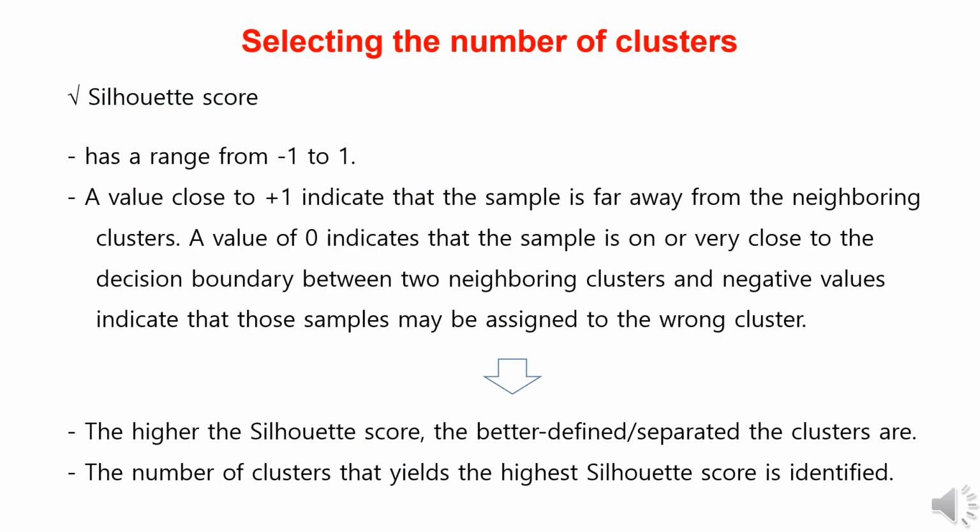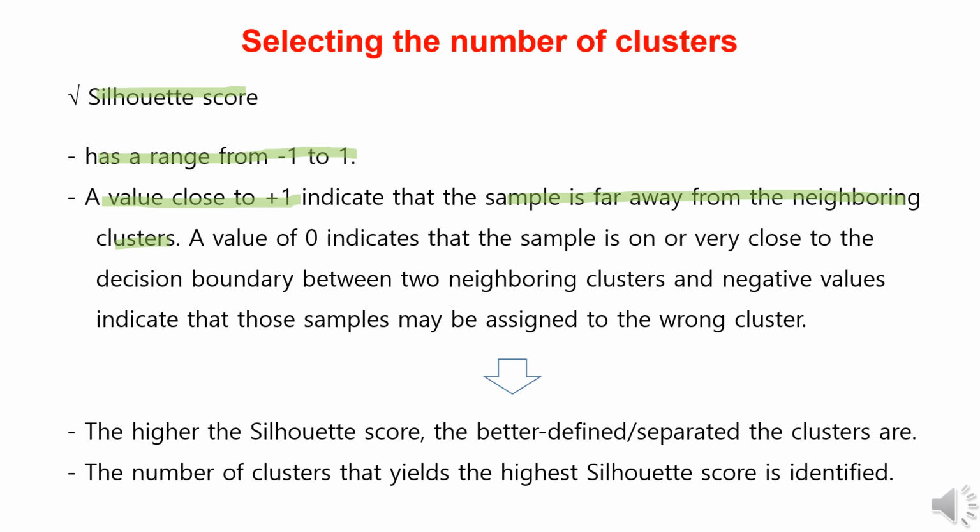Therefore, the silhouette score is a metric that indicates how close a data point in one cluster is to its own cluster compared to other clusters. It ranges between -1 and 1. A silhouette score close to 1 implies that a data point is close to its own cluster and far from neighboring clusters, suggesting good clustering performance.